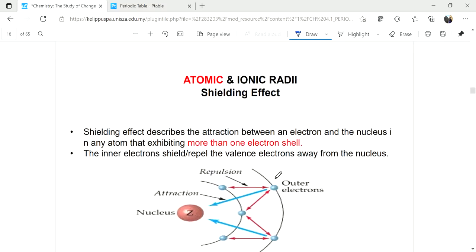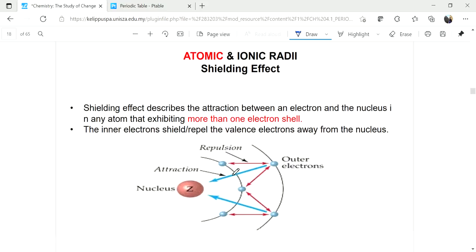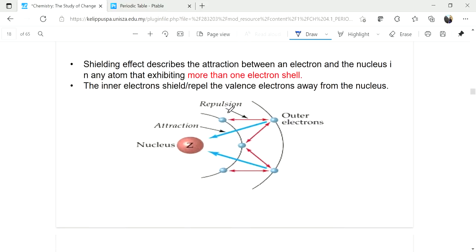Second, besides ZF value, is the shielding effect. Shielding effect describes the repulsion between the inner electrons and the outer electrons, between the inner electrons and the valence electron.